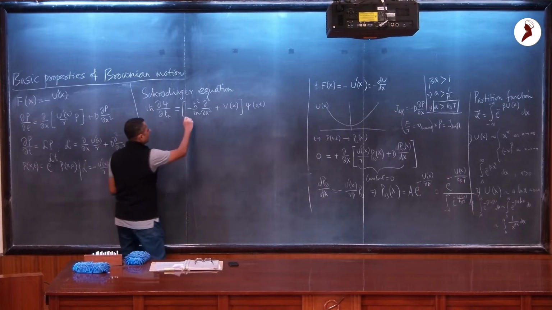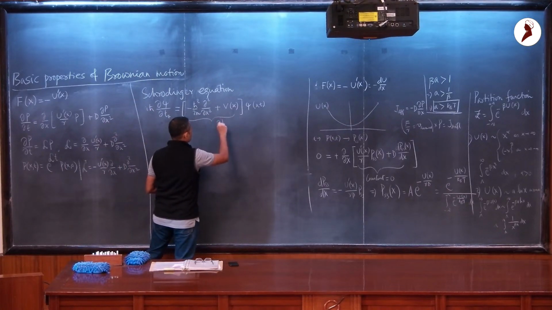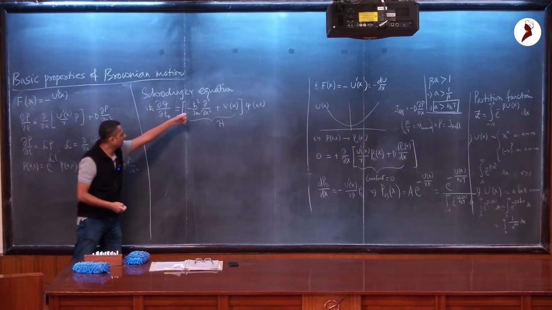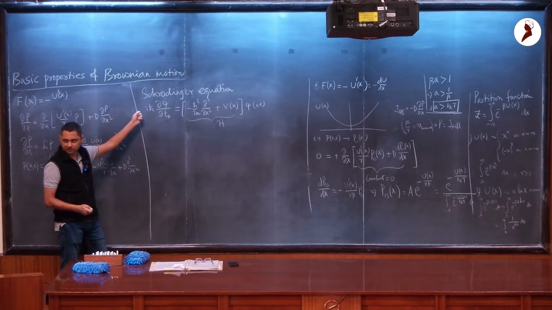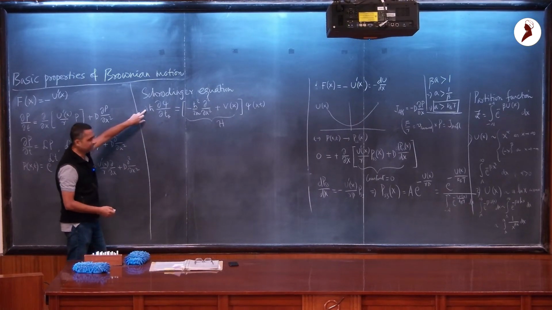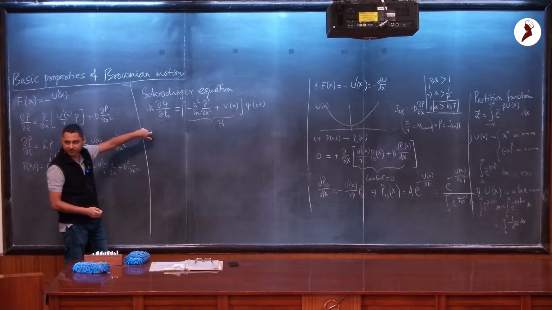So this is my Hamiltonian. I take the minus sign on this side, and then I can put the minus i down.